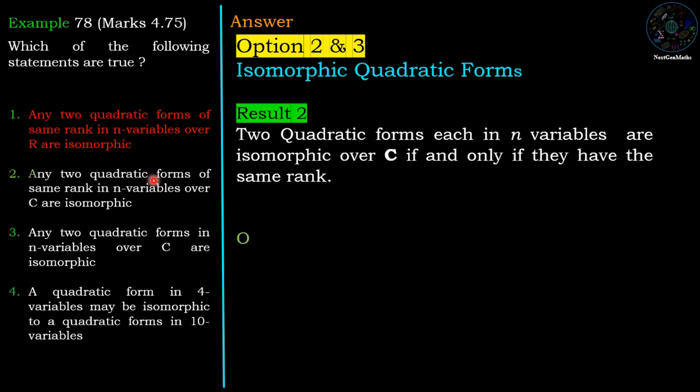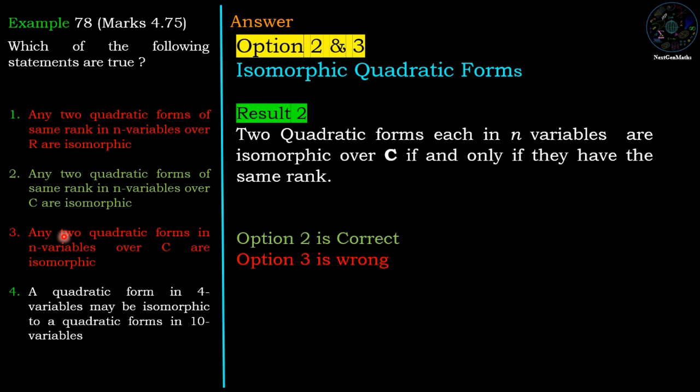So statement 2 is correct. Now option number 3 says that any two quadratic forms in n variables over C are isomorphic. We cannot say any two quadratic forms are the same; they are the same only if they have the same rank. So the statement is incomplete. Option number 3 is wrong.